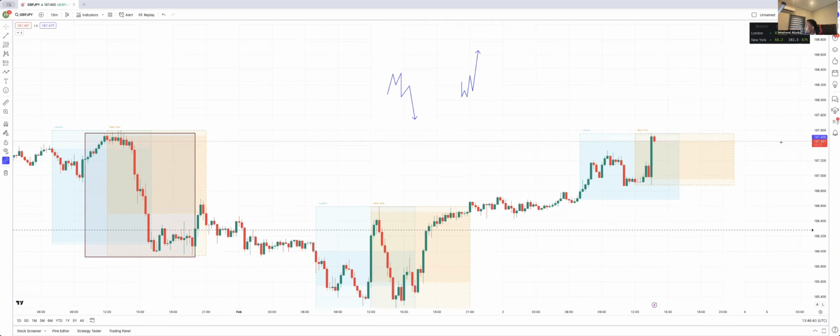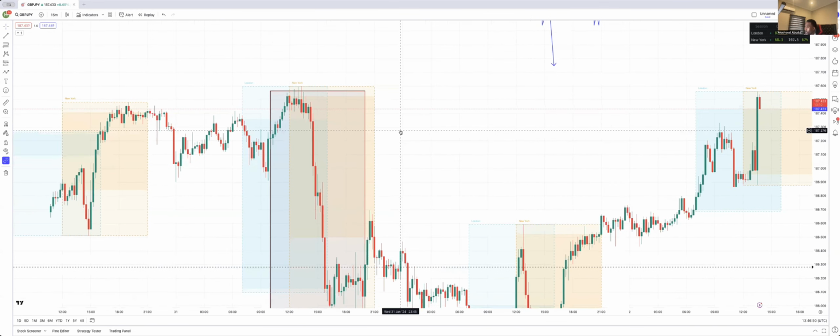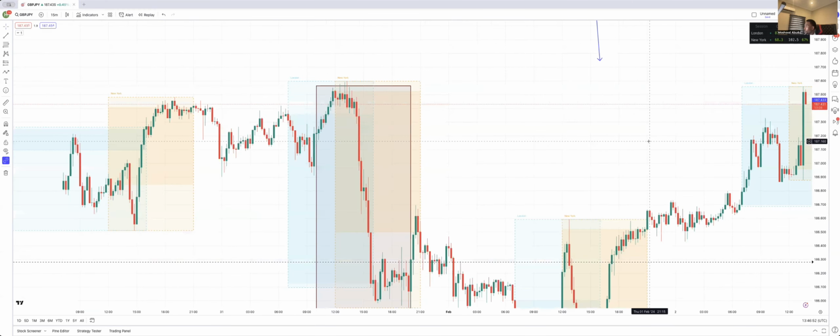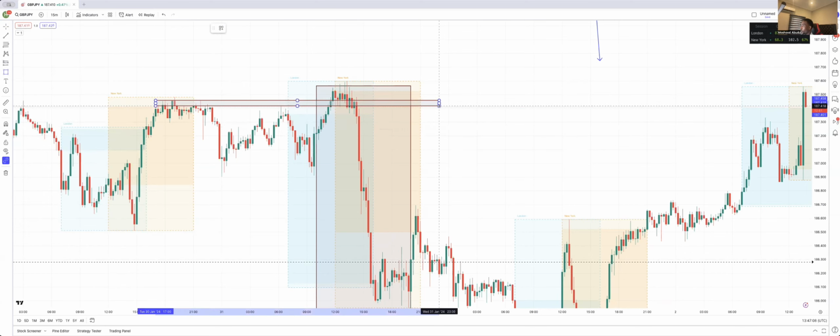If you look here on the 15-minute time frame, you can see how the market is consolidating, right? Like I said, what I like to trade personally is when they are taking liquidity from the market. Most people will be selling around this area because of this.